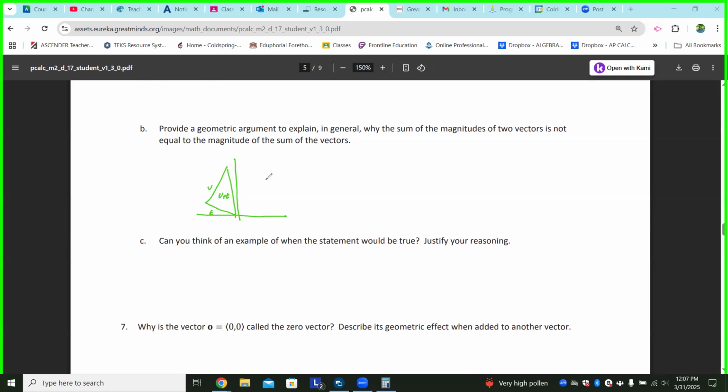So what y'all learned is side A plus side B has to be greater than side C to be a triangle. So then it makes sense that the magnitude of A plus B combined has to be greater than the magnitude of the third side. That make a little bit more sense? So if magnitude means distance, if I take this plus this, it has to be greater than that v plus t in itself.